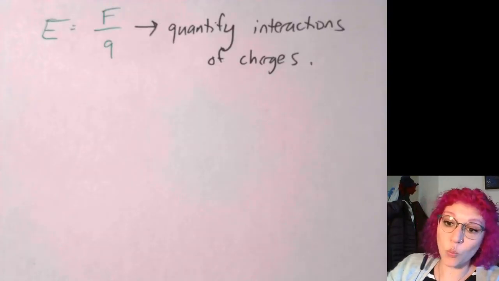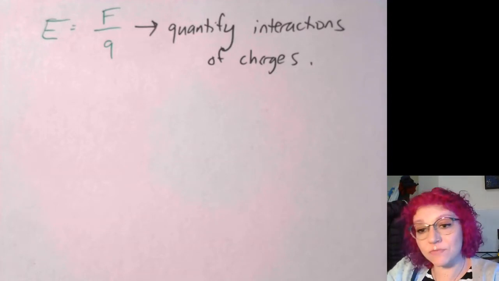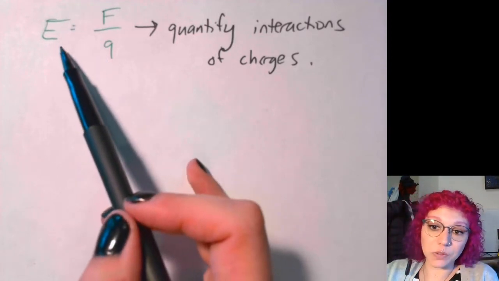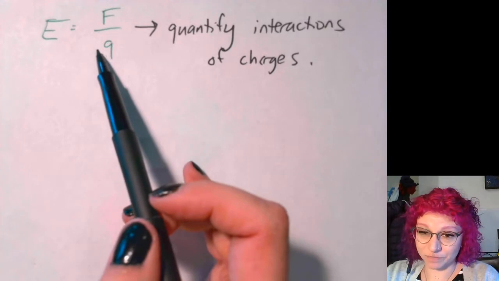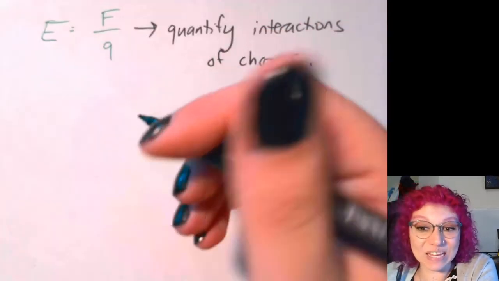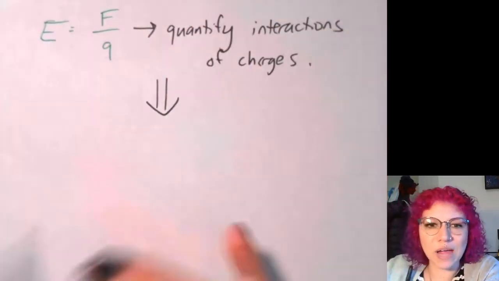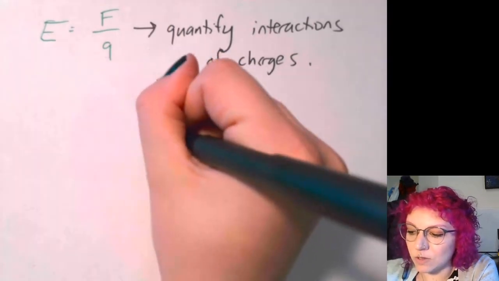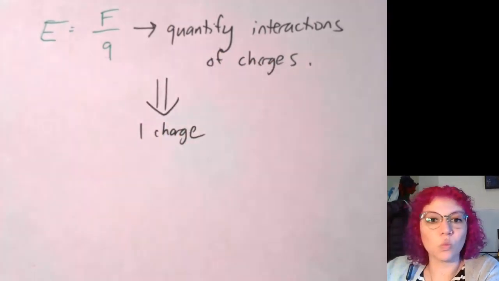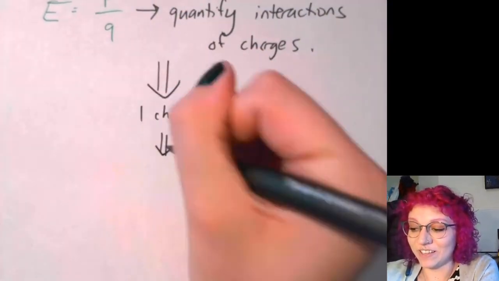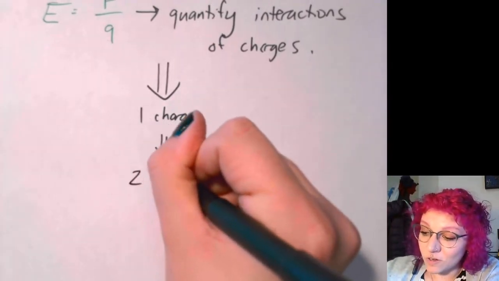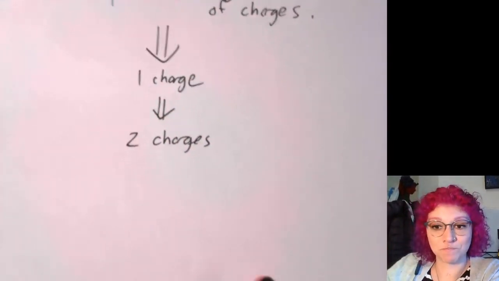So far, we have looked at how to quantify an electric field surrounding a charge. Let's start to scale this up. At first, we looked at one charge. Then we looked at two charges.